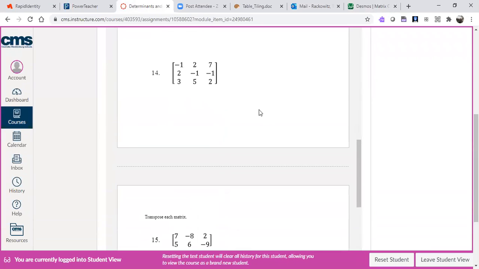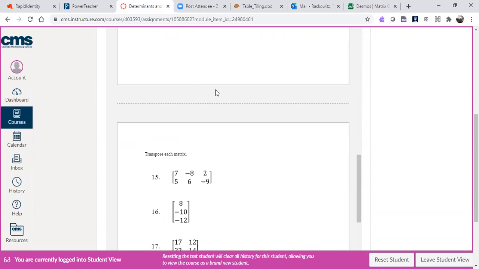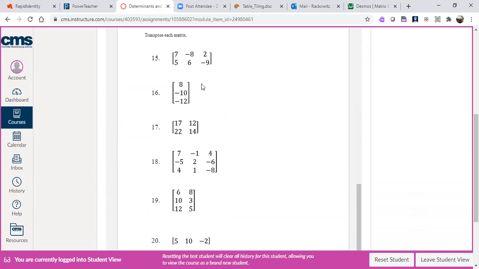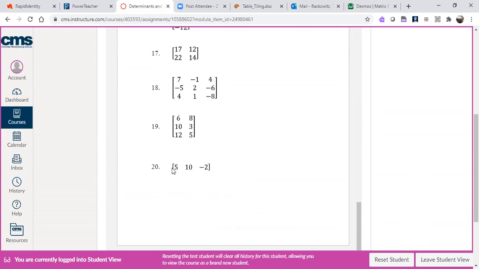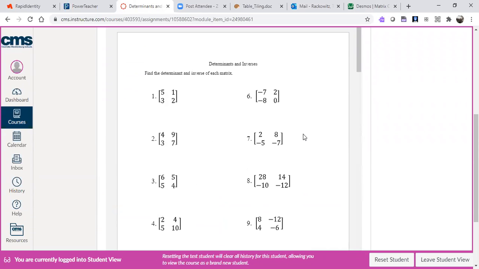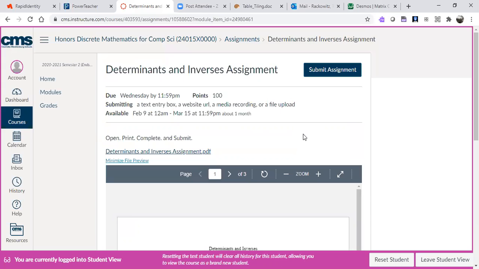Find the determinant and the inverse. Make sure you're changing those to fractions or multiplying out the fractions. And then the last ones are just transpose each one of those matrices. So not too bad, probably be done before 11:30. Any questions?